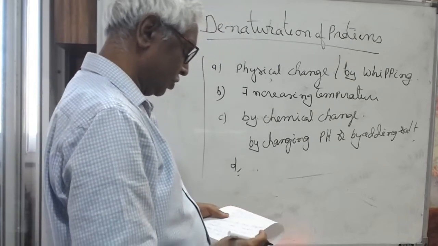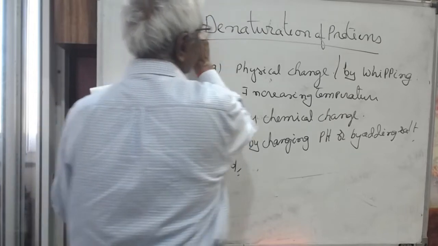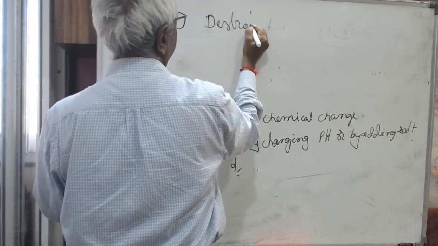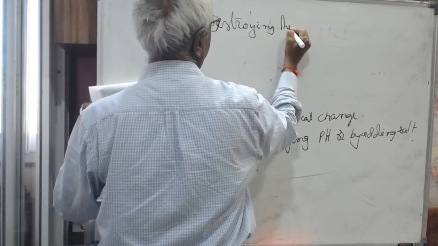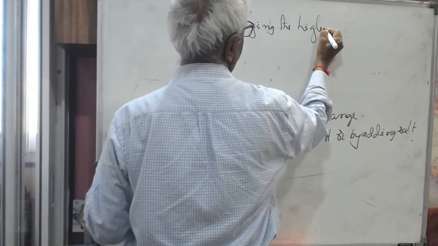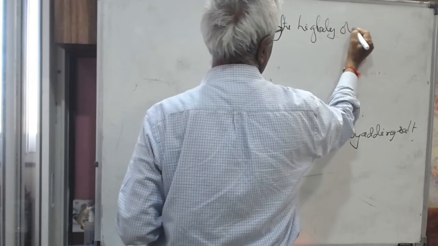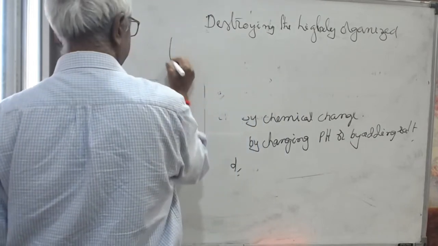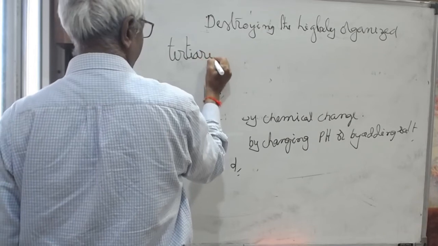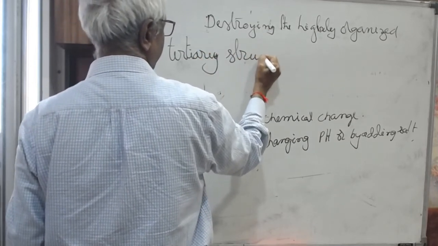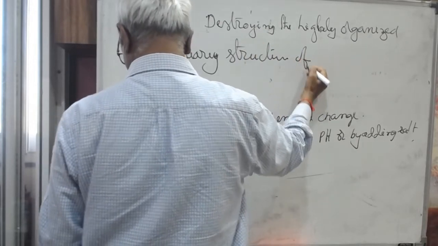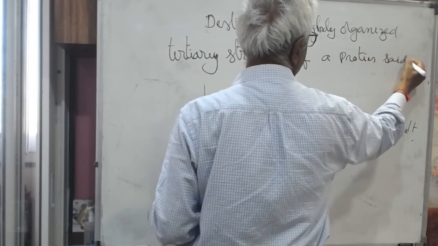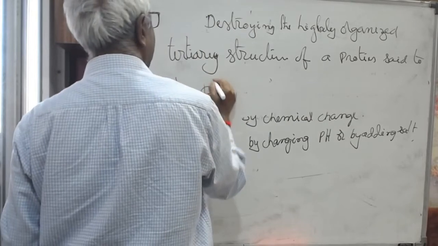So destroying the highly organized tertiary structure of a protein is said to be denaturation.